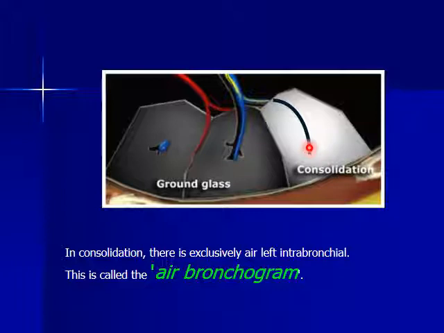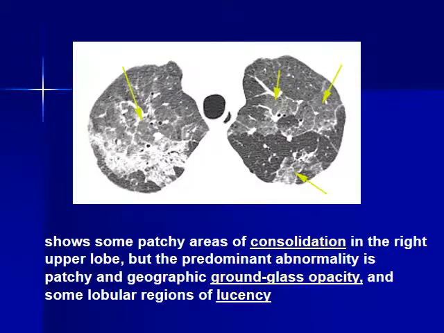This bronchus may be obliterated by fluid or cells or something in addition to the consolidation, and you may not see air bronchogram. Again, if you see vessels through the opacity, this is ground glass. If you don't see vessels through the opacity, this is consolidation. In both, you can see dark bronchus sign or air bronchogram according to each.